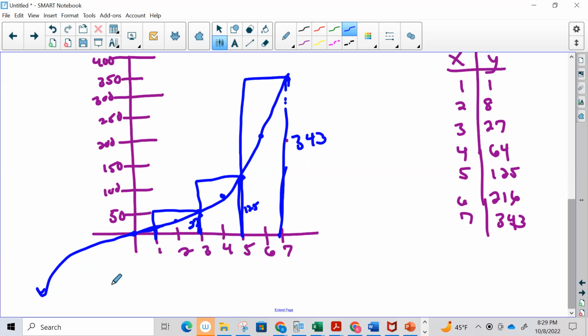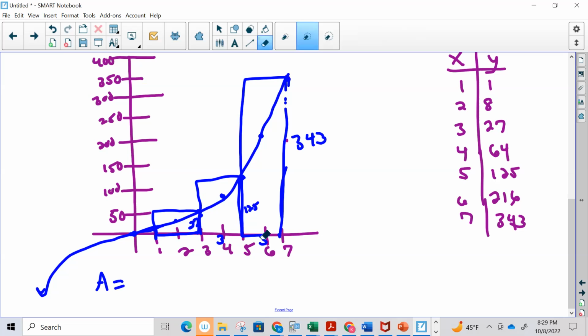And then what we're doing is we find the area of each of these rectangles and add them together. So my area in this case would be, again, base times height for each one, or length times width. So the width of each of these rectangles is 2.